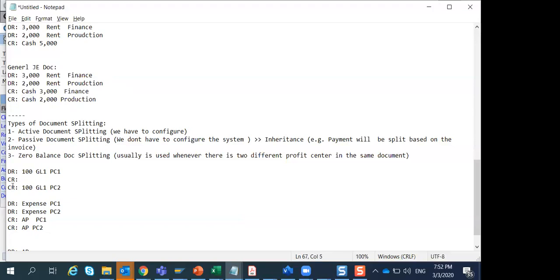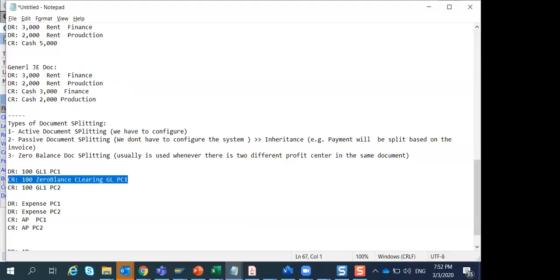The system is going to do a credit on this profit center with the same amount, $100, but not to the same GL. We have a GL account that we call the zero balance clearing GL account. This is the name of the GL in the configuration. It's going to be for profit center 1.